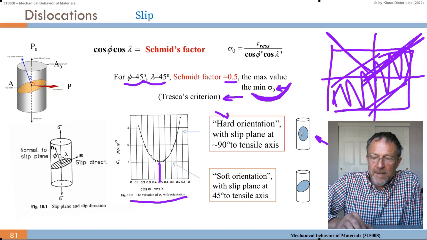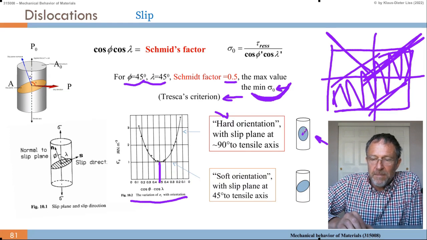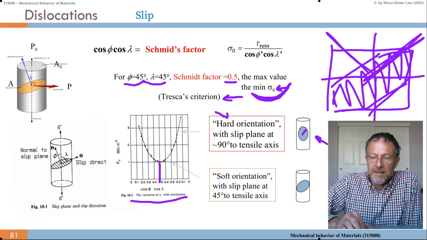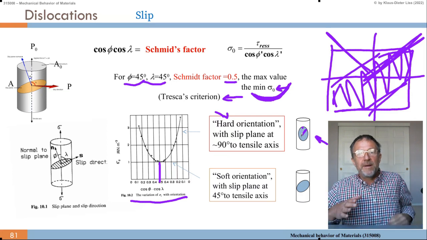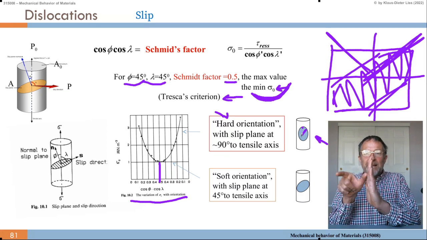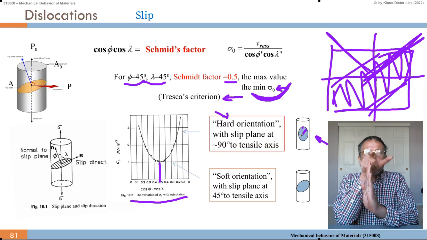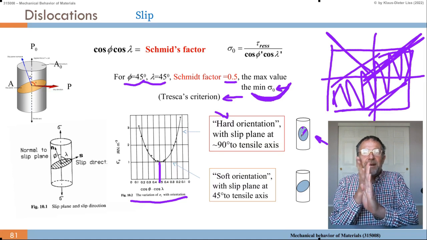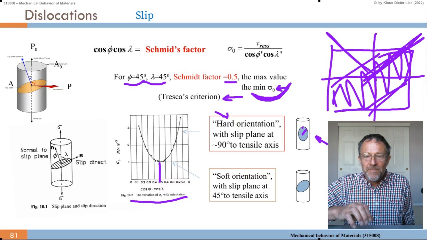So what does this mean? If here we have a slip direction, let's say like that inside that plane, there's no critical resolved stress across the plane, because on the left hand side and the right hand side there is no shear stress resulting when the orientation is 90 degrees. You can imagine it like this: on the left hand side you pull up, on the right hand side you pull up, there's no shear stress, both sides pull up.